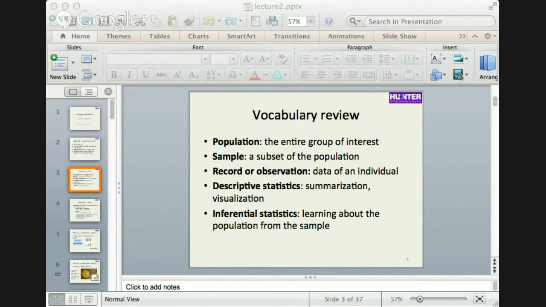For summarizing the nominal and ordinal data types, we use tables, contingency tables or frequency tables, and bar plots. And all these do is show you the number of counts in each category. Can also do this with the pie chart. A lot of people don't really like pie charts.